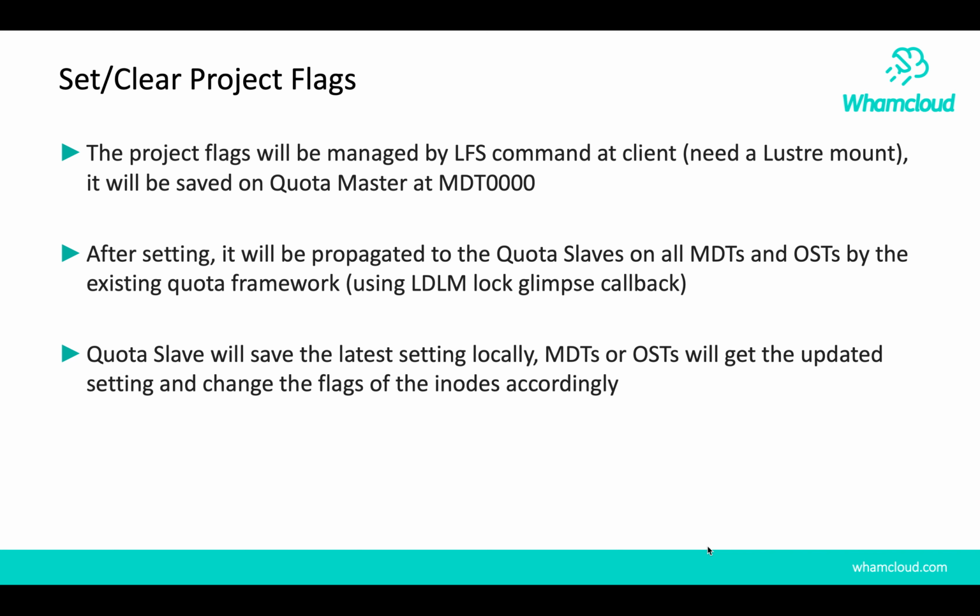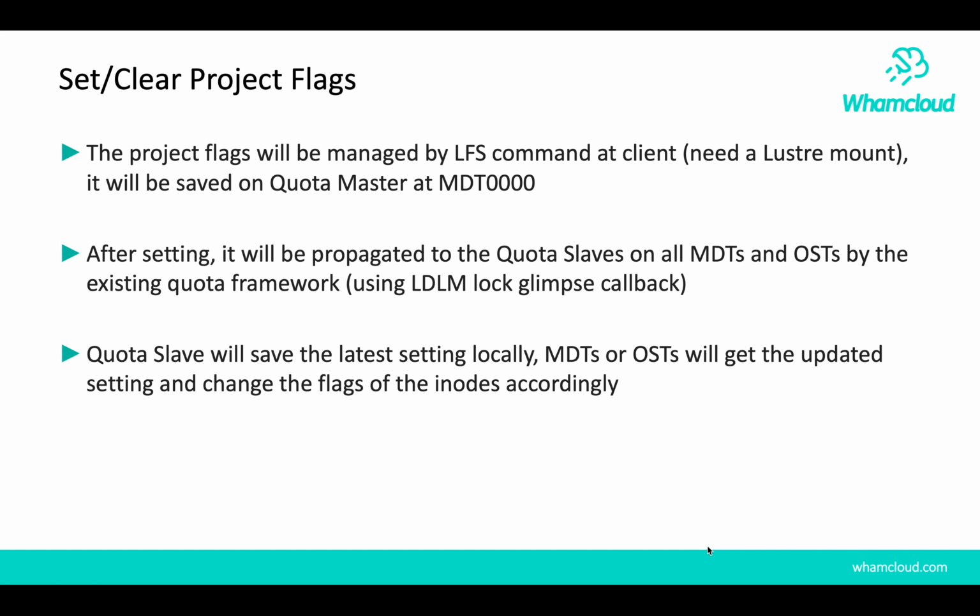Secondly, the quota master at MDT0 will initiate a broadcast to send the new project flags information to each quota slave in all MDTs and OSTs. The new project flags will be saved locally at each quota slave after receiving it from the quota master at each MDT and OST.